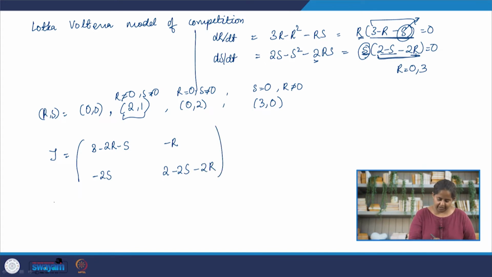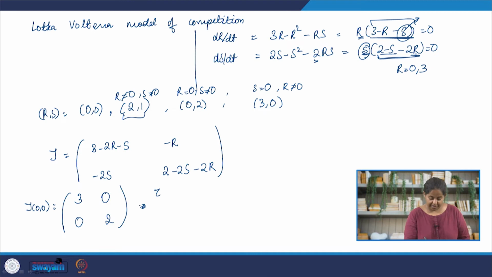Okay. Now let's find out the characteristic matrix for each of the fixed points. We'll start with 0, 0. In this scenario, our trace is positive and our determinant is also positive.